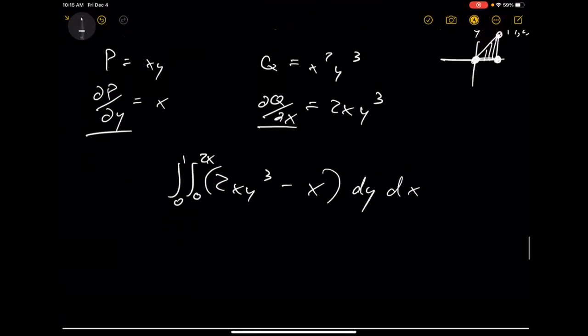Okay. Now all that's left is to integrate. Okay, so let's see, I get 2xy⁴ over 4 minus xy, from 0 to 2x.